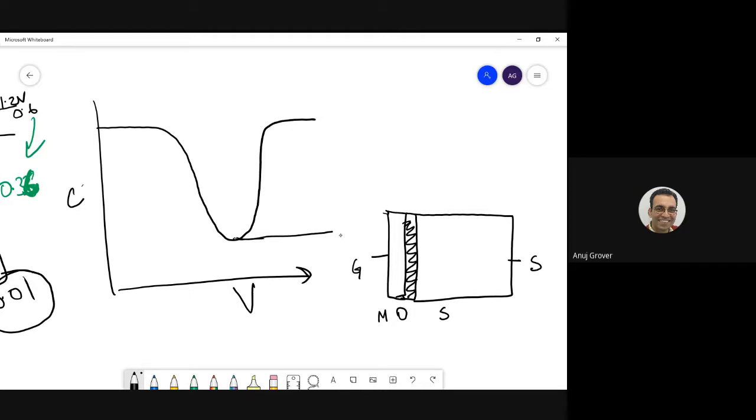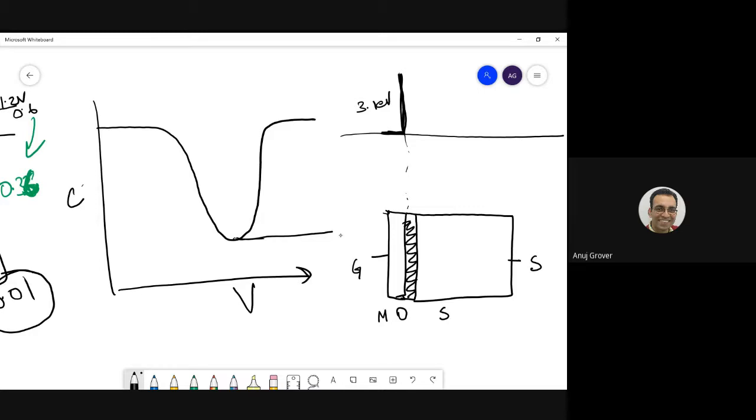So now, how does the band diagram look? Let us say this is the Fermi level. So the gate is at the Fermi level only. Then we talk of oxide. Oxide is 3.1 electron volts above there. Then we said that the dielectric constant of the oxide is 3 times that of the silicon.